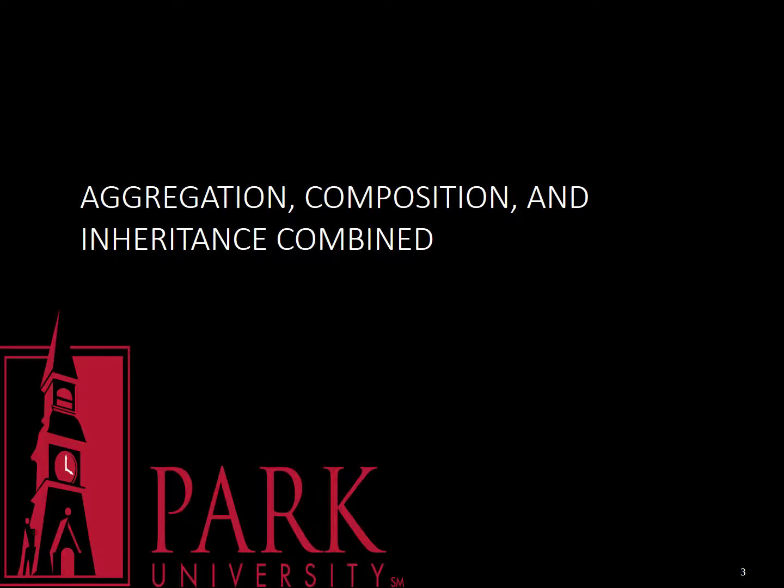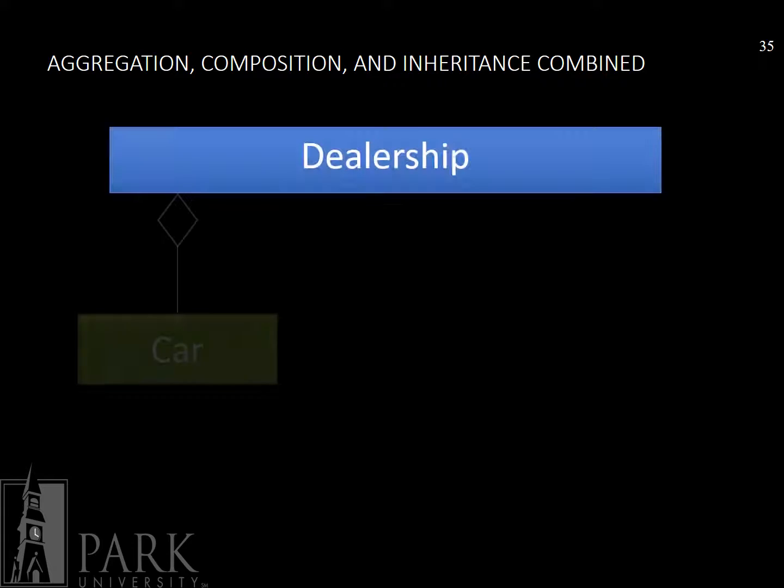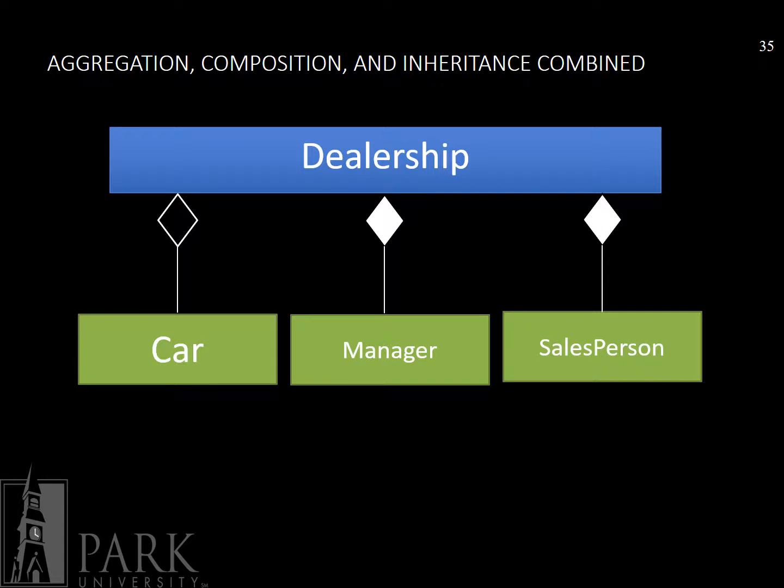So now let's look at them when we combine these features. In the real world, it's fairly common to have aggregation, composition, and inheritance relationships in the same program. For example, what sort of inheritance relationship could or should there be added to our earlier dealership program shown here?